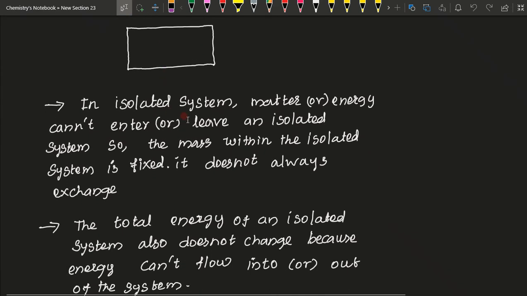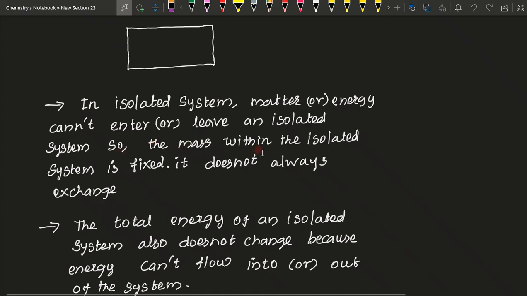In an isolated system, matter or energy cannot enter or leave. So this system is closely packed without any disturbance by energy or matter.